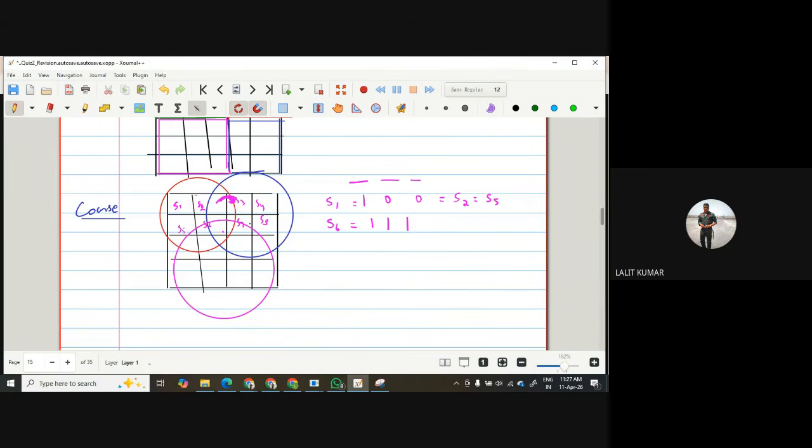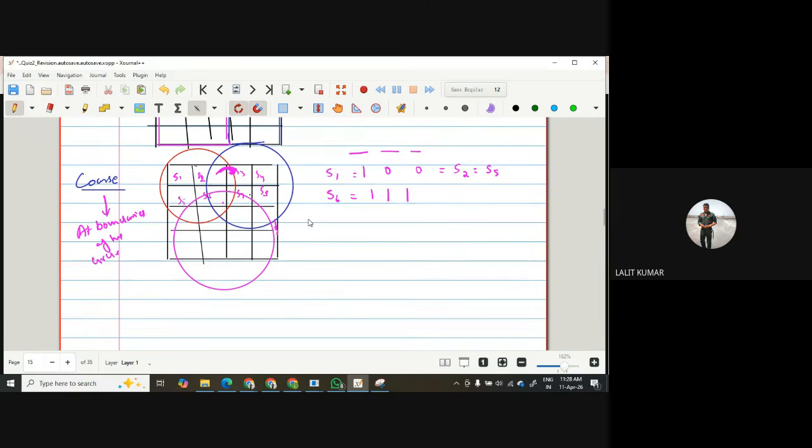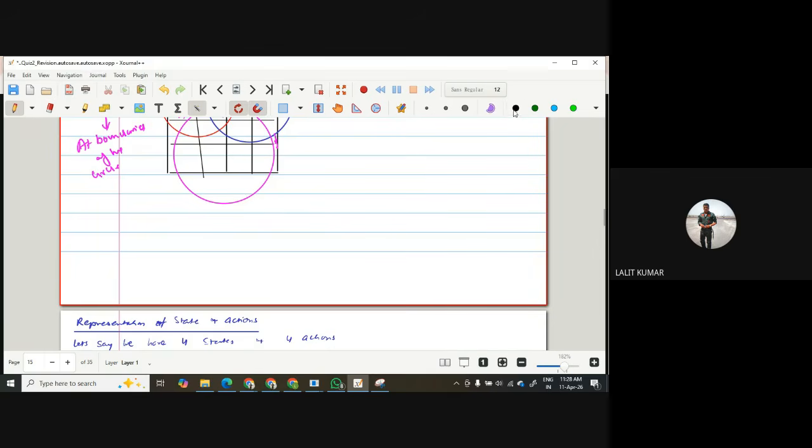But the problem with coarse coding is that at the boundaries of the circle, the same problem happens again. For example, at the boundary, if it jumps from here to here, the problems will happen. So the solution for that is the tile method.